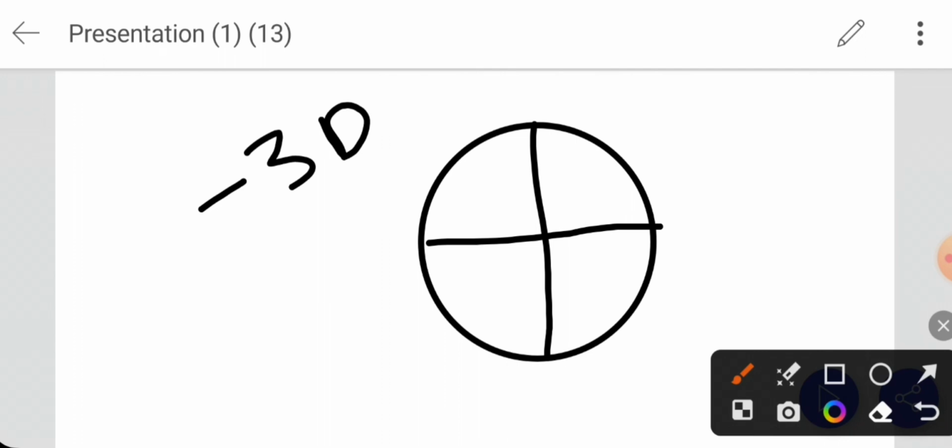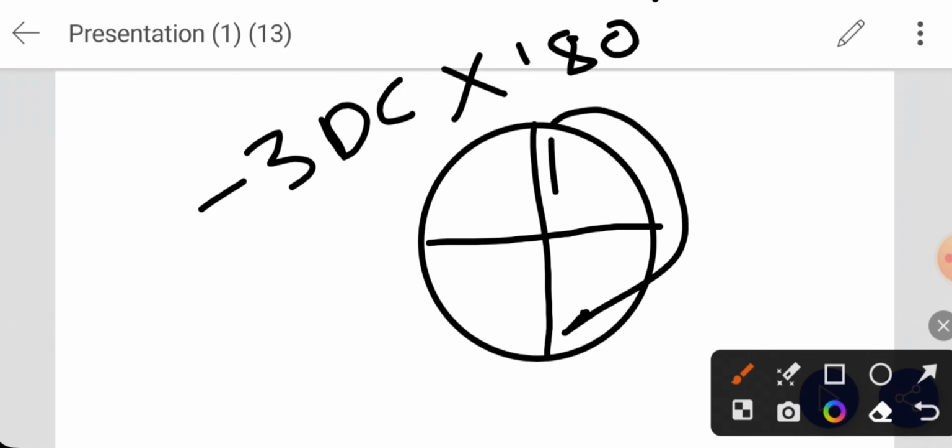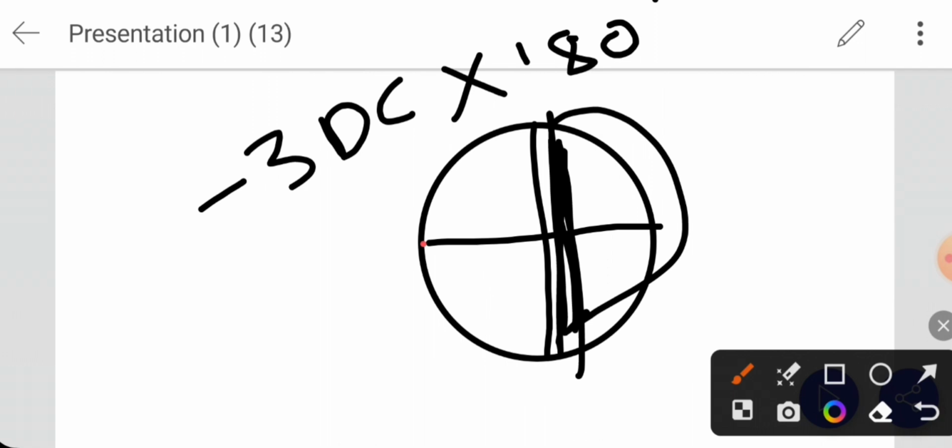An example of with the rule astigmatism would be -3 diopter cylinder at 180-degree. Why 180-degree? Because when you place this -3 diopter cylinder at the 180-degree meridian, the power gets distributed in the opposite meridian.